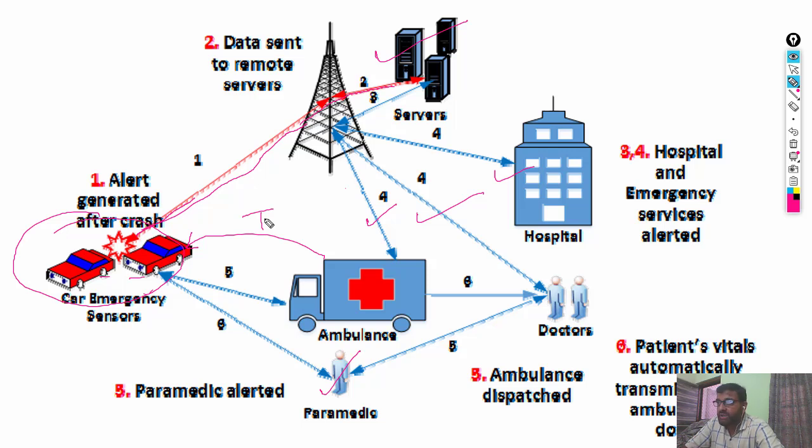So with this IoT technology, the car automatically sends the message to the data center, and the data center further distributes the message to the hospital, the doctor, the ambulance, and the paramedical staff. Everybody gets alerted and prepares, and treatment will start so that the sufferer can easily get the treatment.